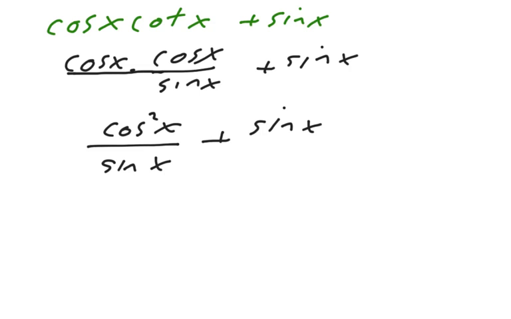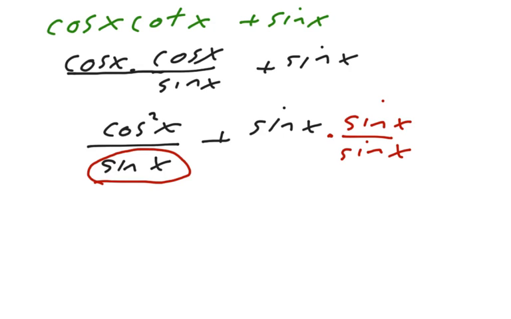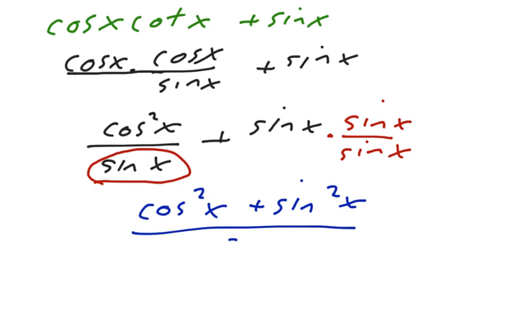Now in order to get a common denominator, this is my common denominator, we don't have one on our second term, so I'm going to multiply by the sine of x over the sine of x. And as a result, the cosine squared x doesn't change. Sine of x times sine of x is sine squared x divided by the sine of x.